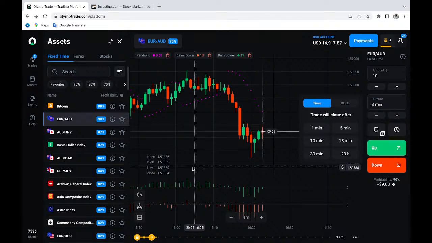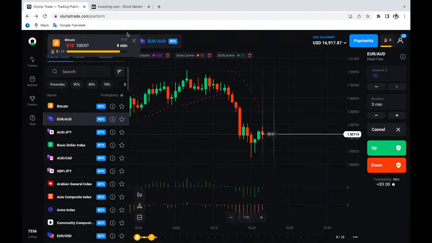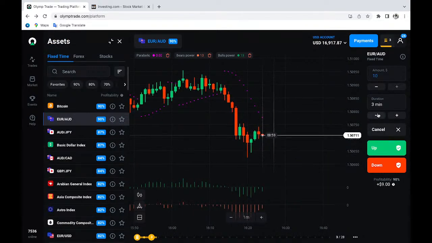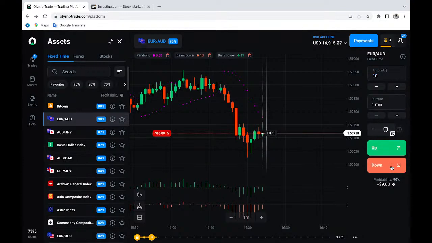Suppose I have a $10 risk-free trade. I will click on that and use it for a short-term trade. Here I can see it's a downtrend, and bull power and bear power are giving me a down signal, so I will open a risk-free trade. What does this mean?